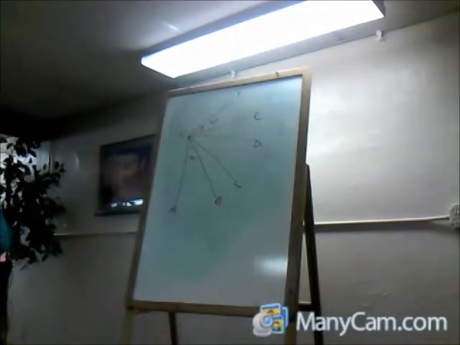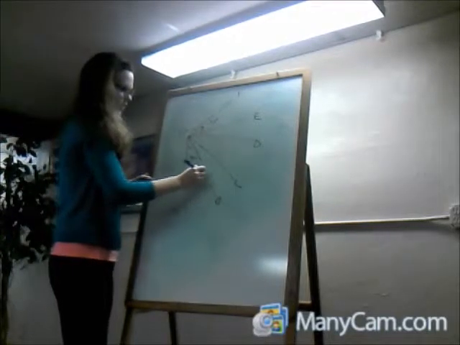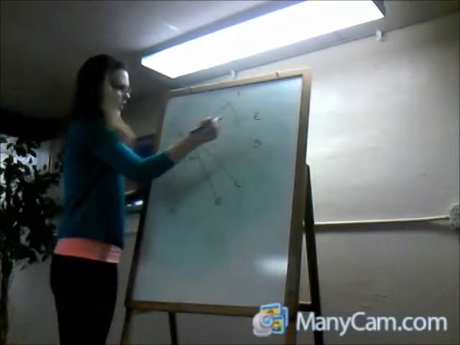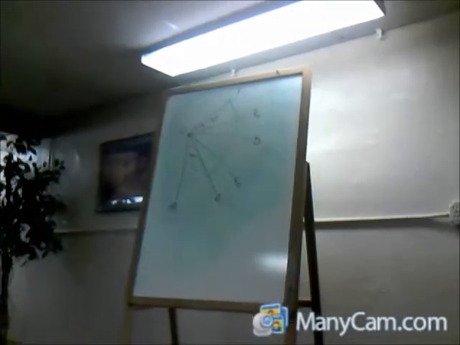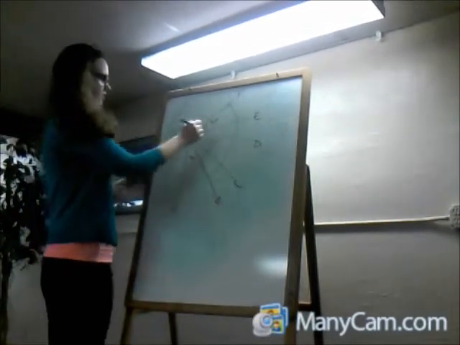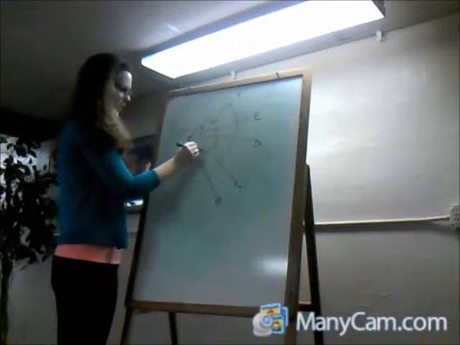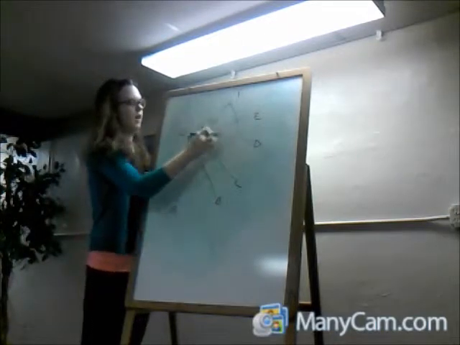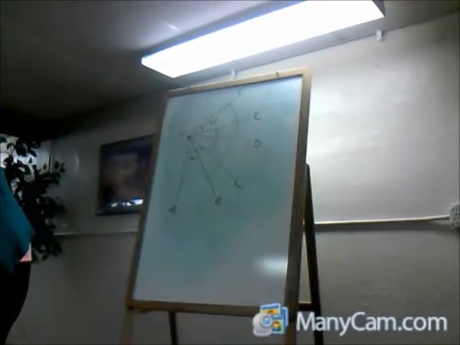So OD bisects AOF. That means these two are equal. And it says it's not drawn to scale too, so the angles are off. Yeah. So OC bisects AOE. And then finally, this is the one I missed, which then you can't solve it.